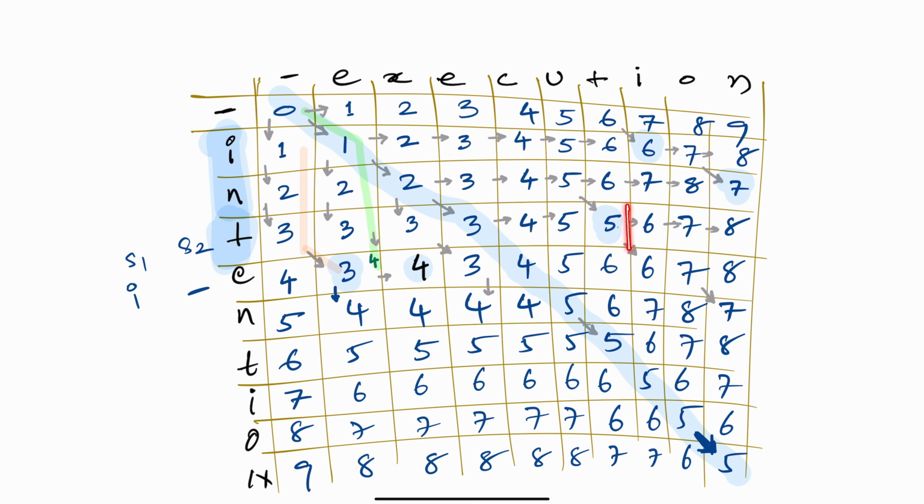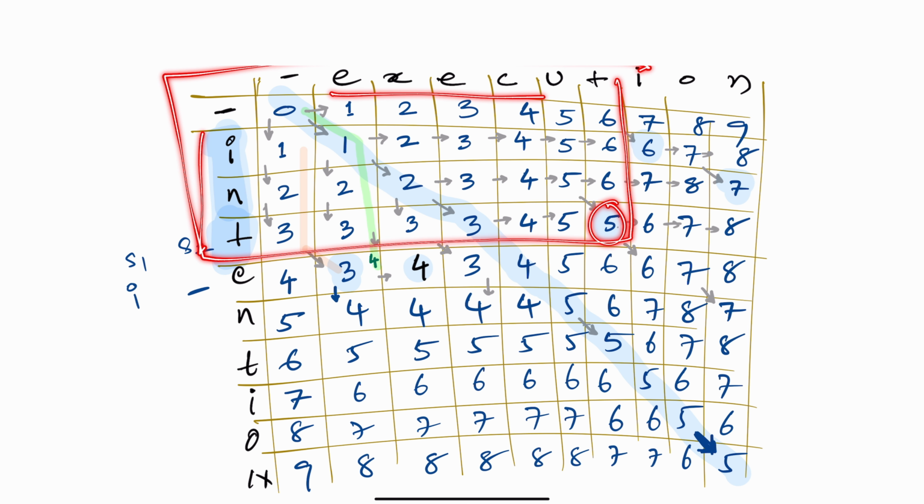This is very important because this T is matching with this T. So we are going to insert, but here, pay attention on this one, till this position we required 5 operations, but here we don't require any operation because this T is matching with this T. That means I will take this as it is. I will not increment the values. This is what we do if the character is matching. So we require 5 operations to convert the text INT into EXCUT.